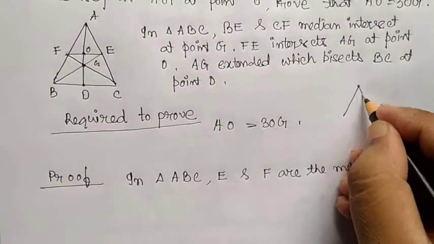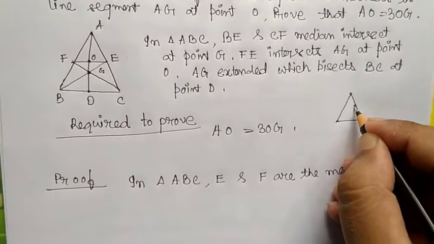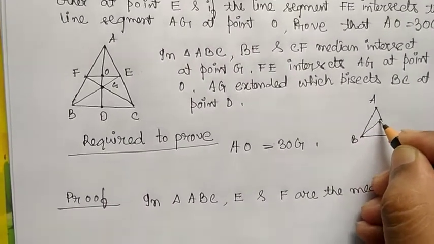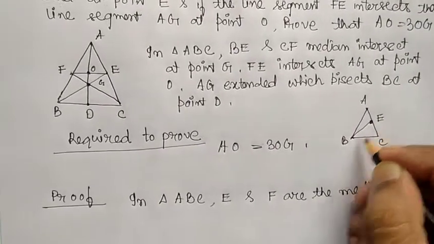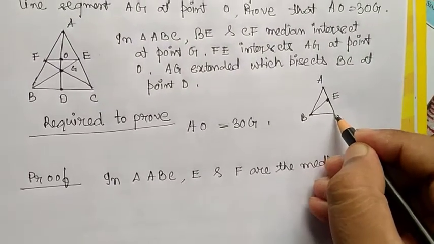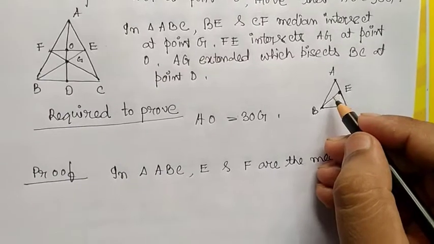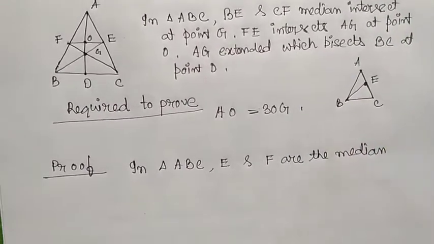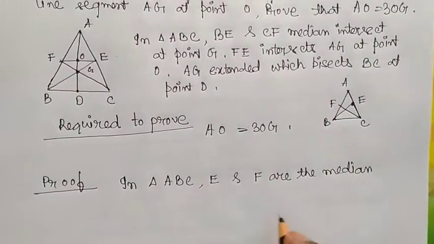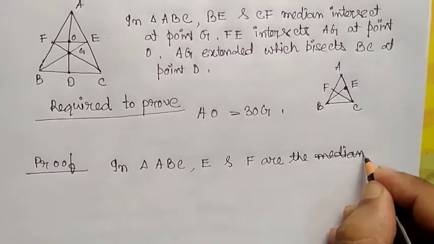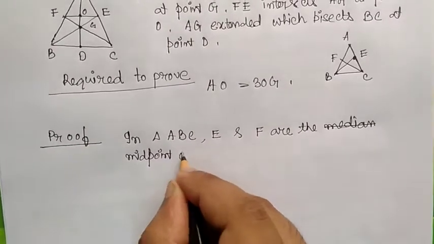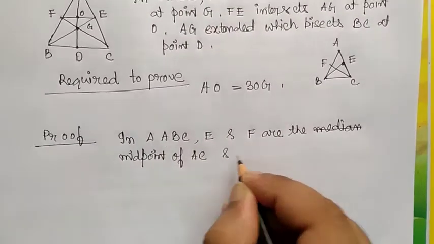If this is a triangle ABC and this is the midpoint, if we join this point, which is known as E, this is a median. Median means joining the midpoint of a side to the opposite vertex of the triangle. This is known as the median. So therefore this E and this F are the midpoints of AC and AB.